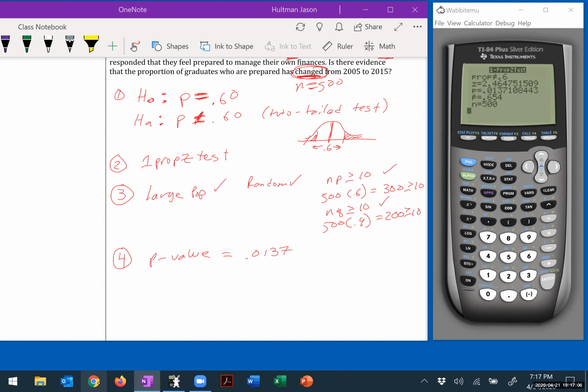Let's calculate the same p-value. It's very easy on StatCrunch. You just go to tests... proportion, I don't remember exactly, but it's the same thing we used for the confidence interval.